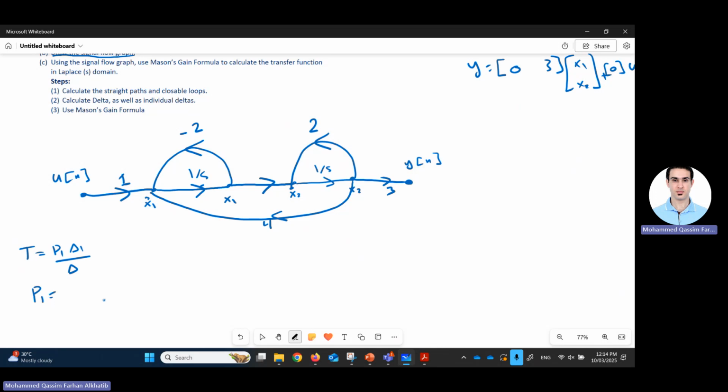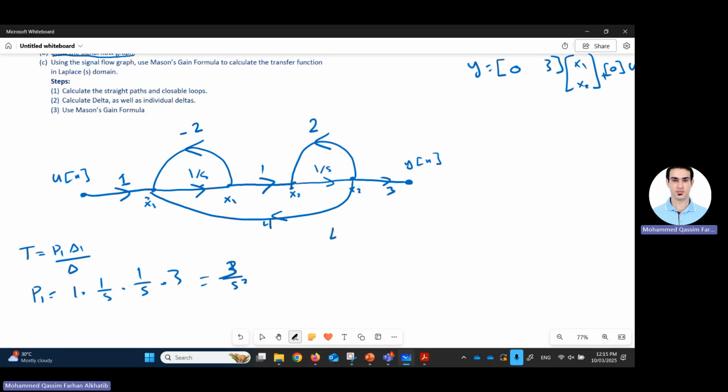P1 is how much? 1 times 1 over s times 1 over s times 1 times 1, so it's going to be 1 over s squared. Then times 3, so I have 3 over s squared. That's P1.